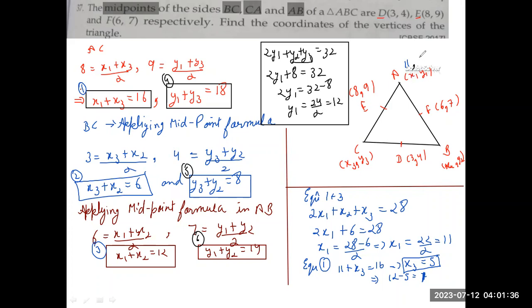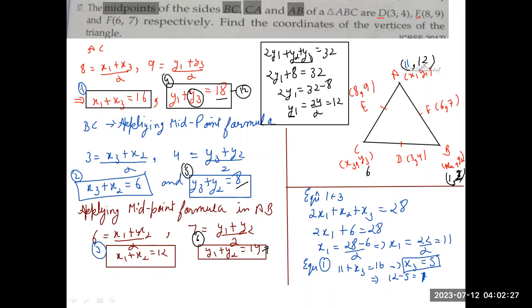So for A, coordinates we got 11, 12. Substituting the value of y1 from equation 4, it would be 18 minus 12, and I got y3 as 6. From equation 6 we can get y2: y1 is 12, y1 plus y2 is 14, so 14 minus 12, it would be 2 only.